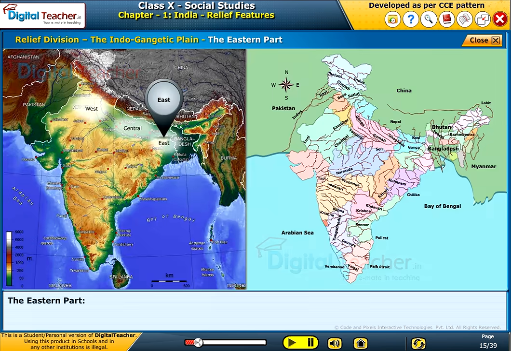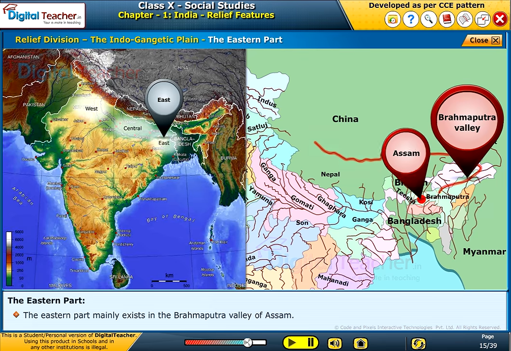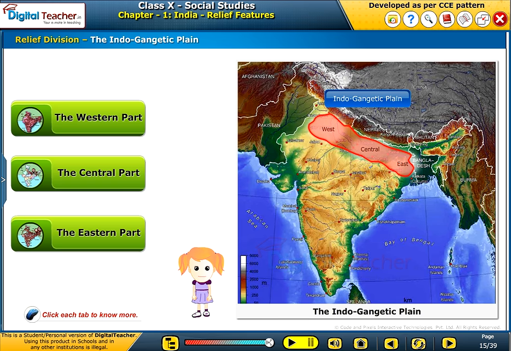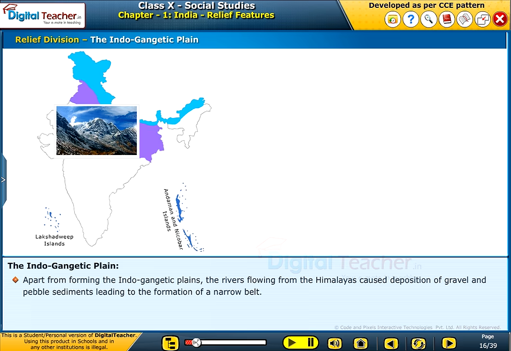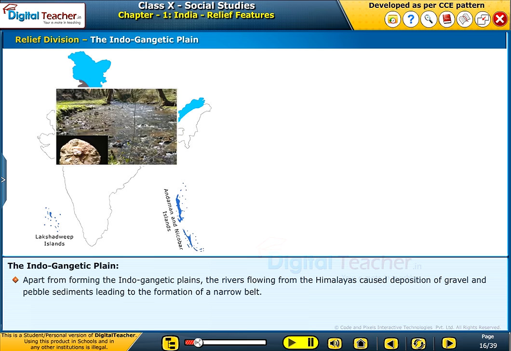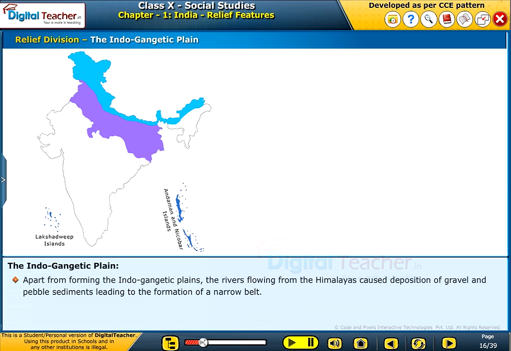The eastern part mainly exists in the Brahmaputra Valley of Assam. Apart from forming the Indo-Gangetic Plains, the rivers flowing from the Himalayas cause deposition of gravel and pebble sediments, leading to the formation of a narrow belt.